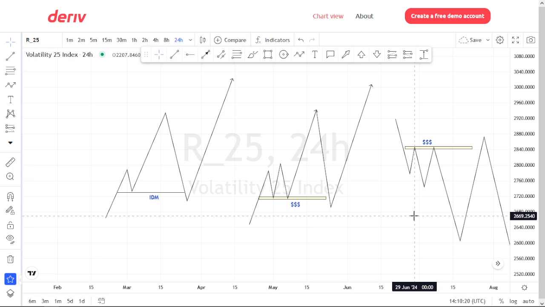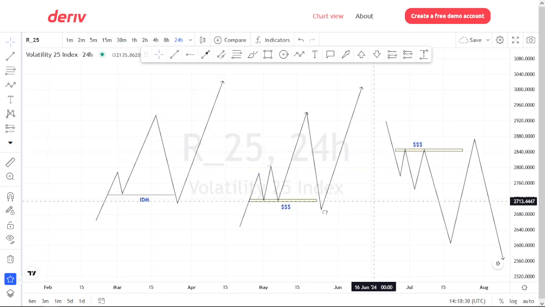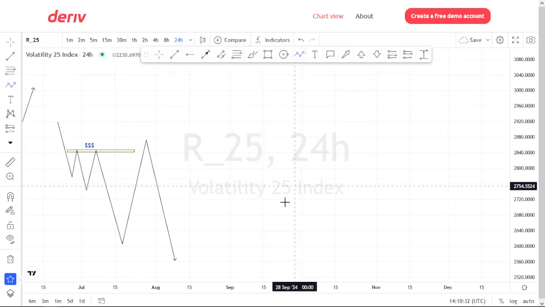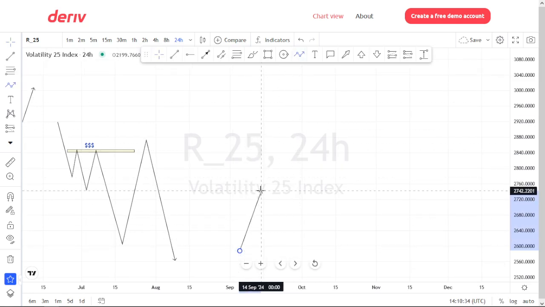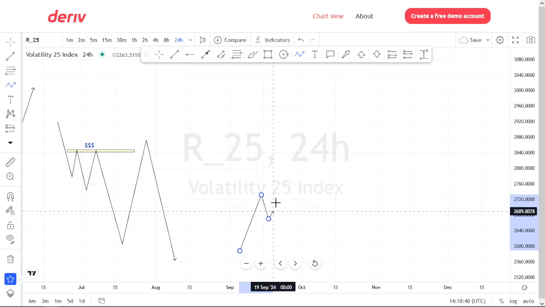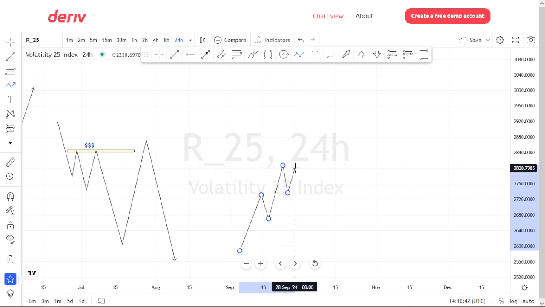So now, what about a case where on a simple impulse leg you have both equal highs and equal lows, or you have them alongside the inducement? What do I mean? Let's say you have a move upward like this, and you had an inducement below here, and you also had equal lows like this.